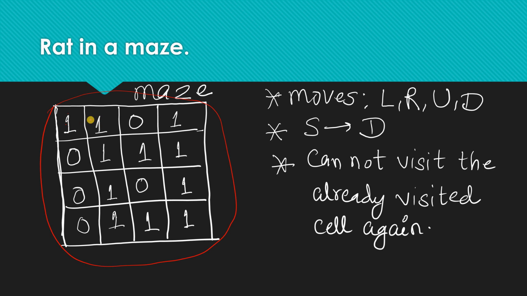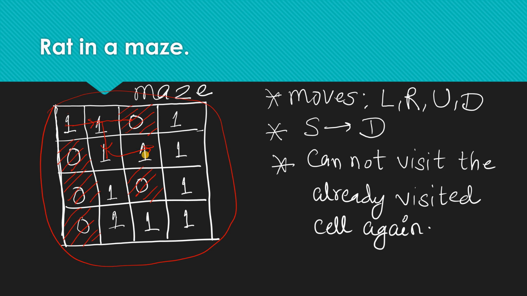So if you have 1 in two consecutive cells, that means you can move from this cell to this cell. And 0 represents that this cell is blocked. You cannot move on this cell. So from here to here you cannot move. All the 0s represent blocked cells.